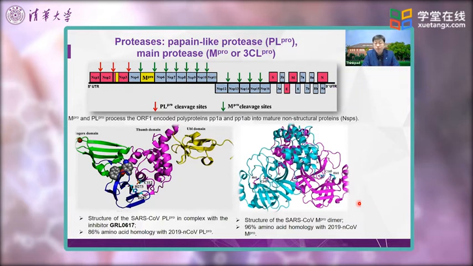It has an even higher homology, sharing 96% amino acid with the novel coronavirus. This high similarity or homology means we can use those known structures to help us design new inhibitors against the novel coronavirus.